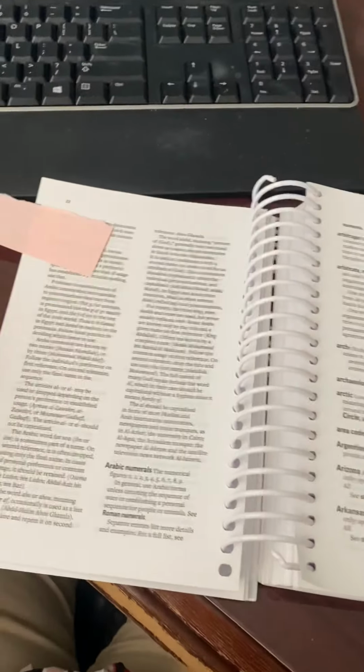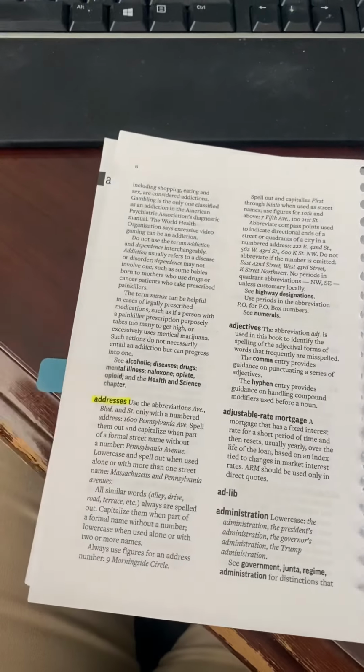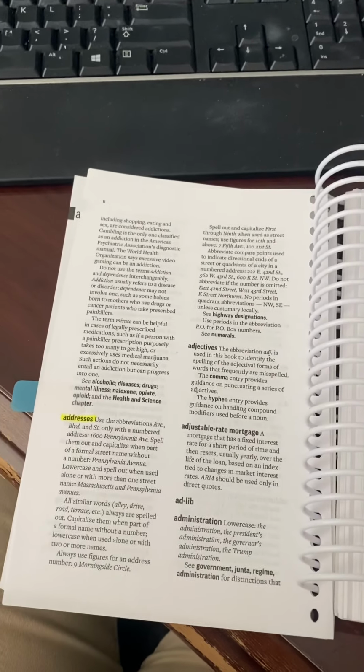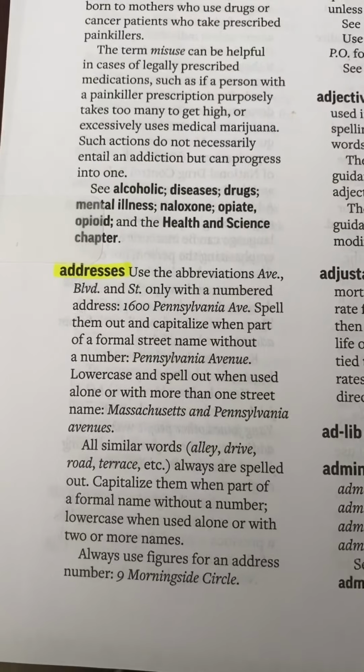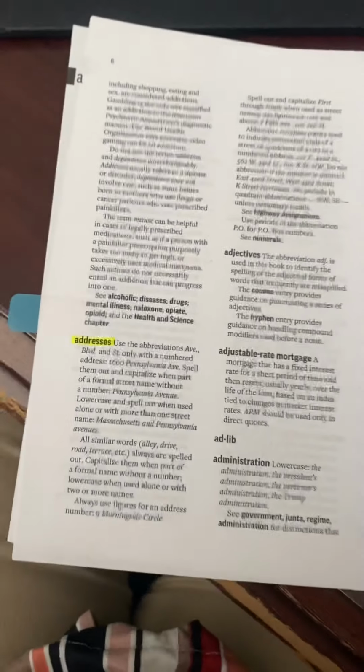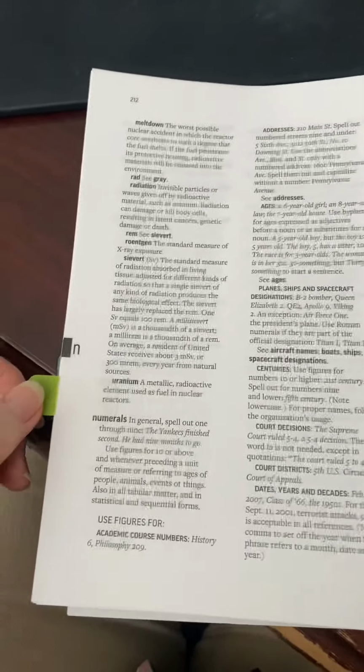I did want to point out a couple of more things, just quickly, that put these little tabs on things that you find yourself looking up over and over again. For example, addresses. You can look up under addresses if you don't know, do I abbreviate this or not? One of the most important ones that you want to bookmark is numerals.